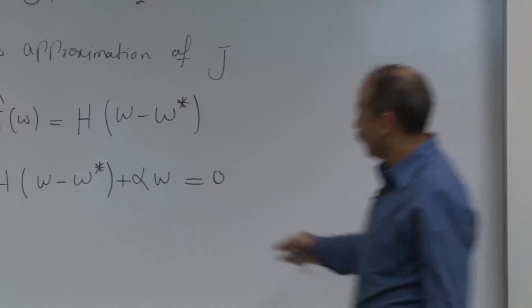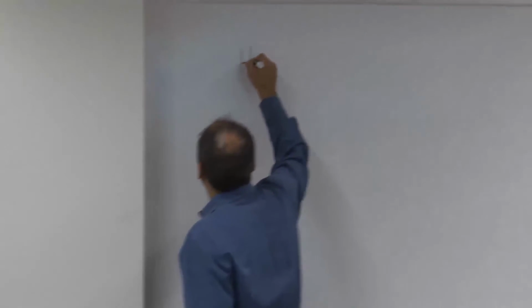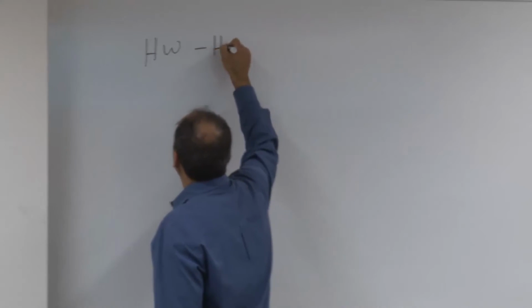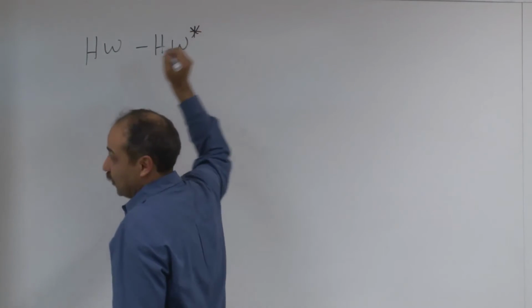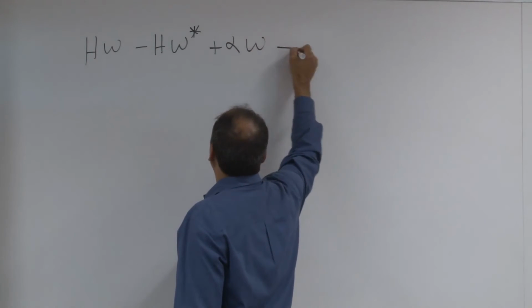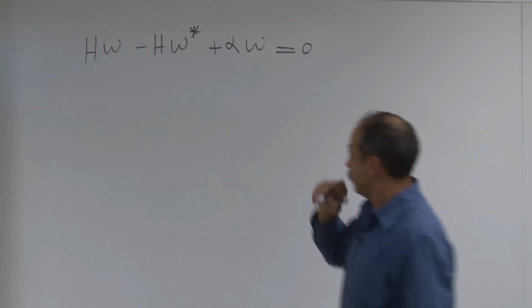Okay, let's solve for this. I have HW minus HW star plus alpha W equal to 0. I want to solve for W because W is my new solution.